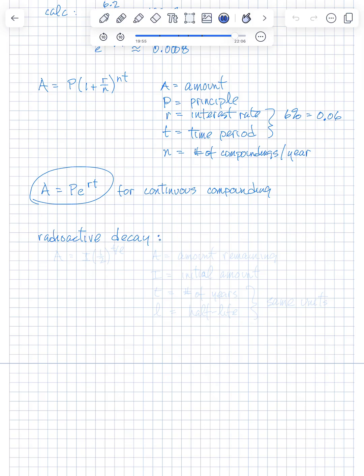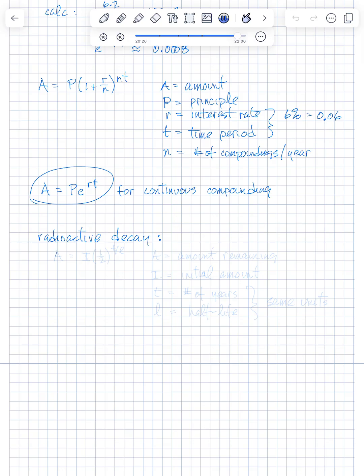And for radioactive decay, you're usually talking about the half-life of something. So, for example, if you have 10 grams of a radioactive substance and it has a half-life of 3 days, that means you start off with 10 grams, and in 3 days, you're only going to have 5 grams left. In another 3 days, you'll have 2.5 grams, so on and so forth.